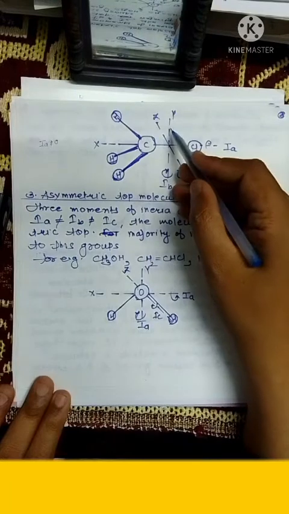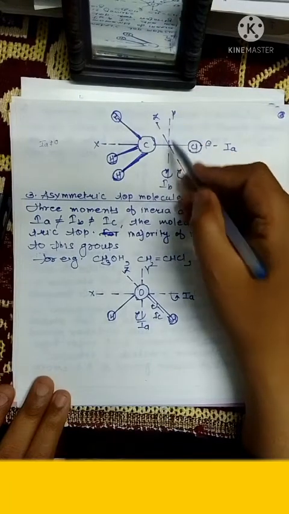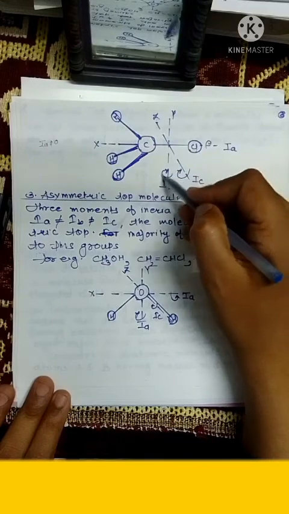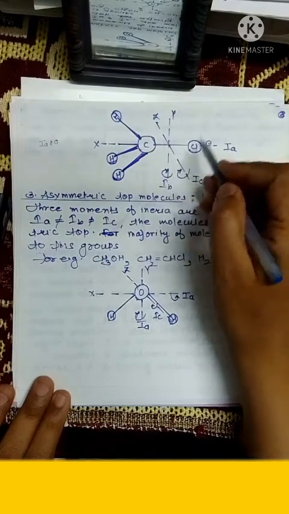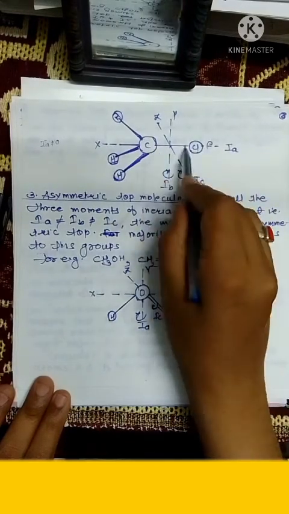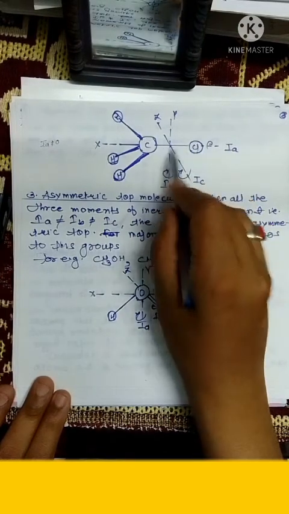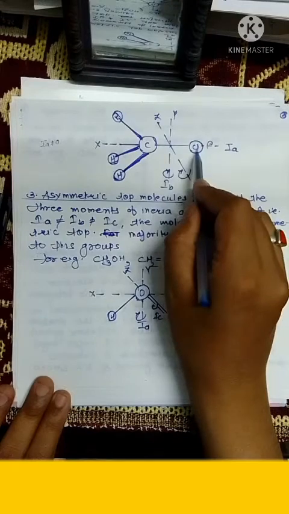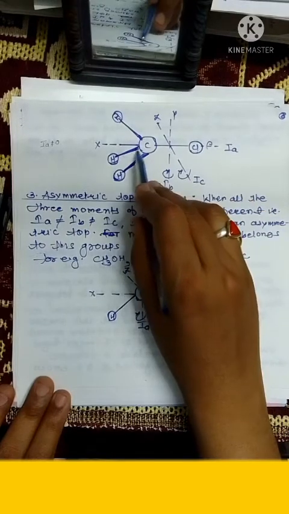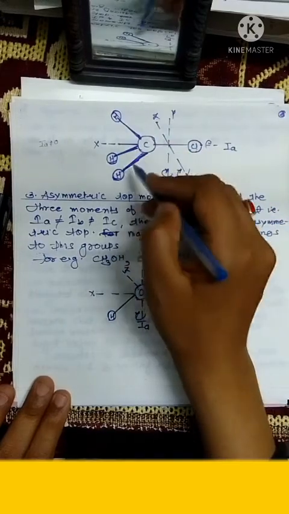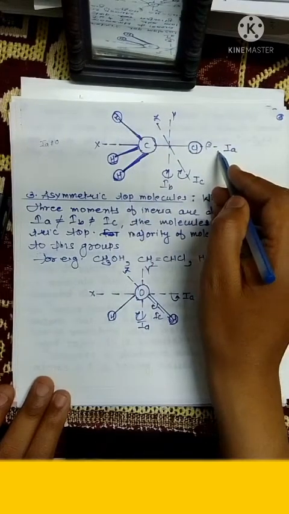What happens if we rotate this molecule along the y-axis? From this geometry, we clearly see that if we rotate this molecule along the y-axis, Cl comes in this plane and all these groups go in that plane.